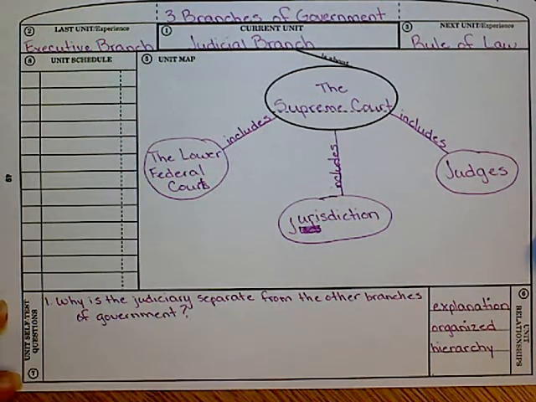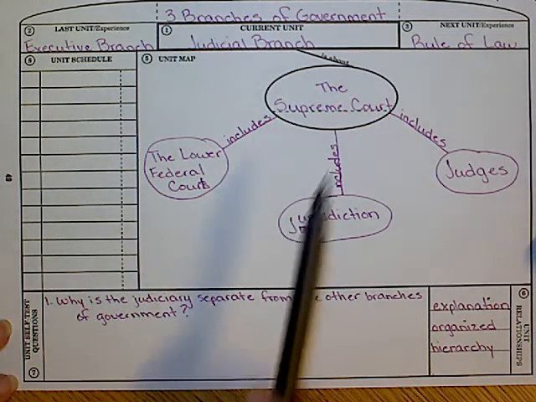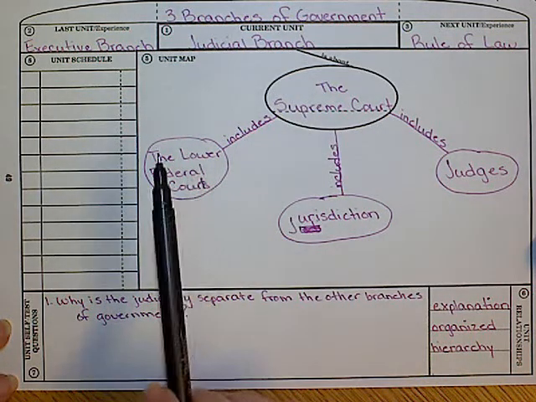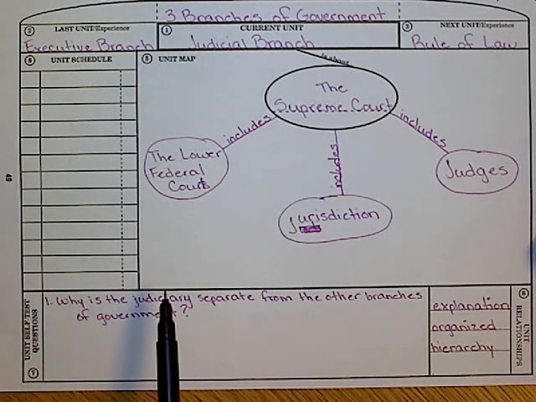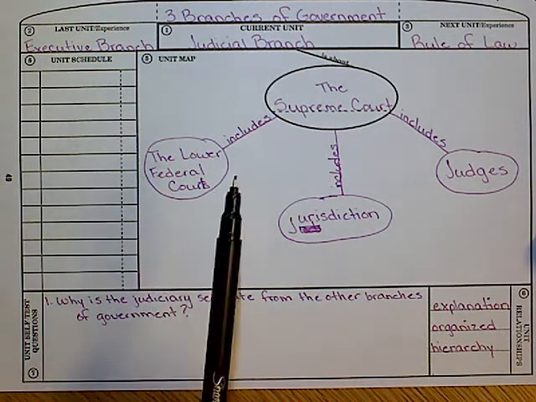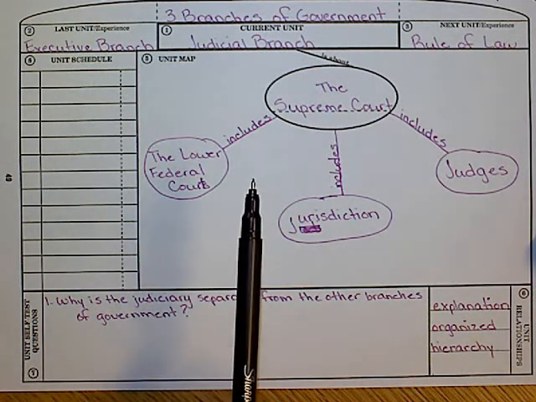So that is a question that, after probably studying a little bit about the Supreme Court and the lower federal court system, you'll start to understand why we separated the judiciary into its own branch. Because what judiciary means and what it deals with is upholding and translating the law.